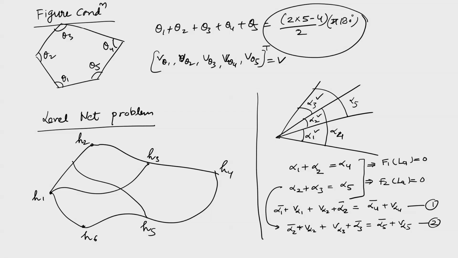How can I write it? Let us see. If I bring all to one side, then I can write here like this: alpha 1 bar plus alpha 2 bar minus alpha 4 bar, that is one thing, plus V alpha 1 plus V alpha 2 minus V alpha 4, equals 0 here.